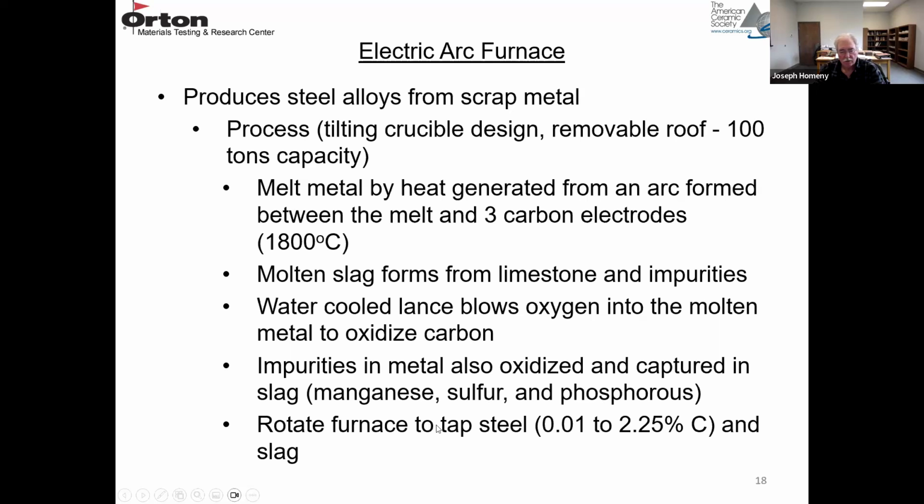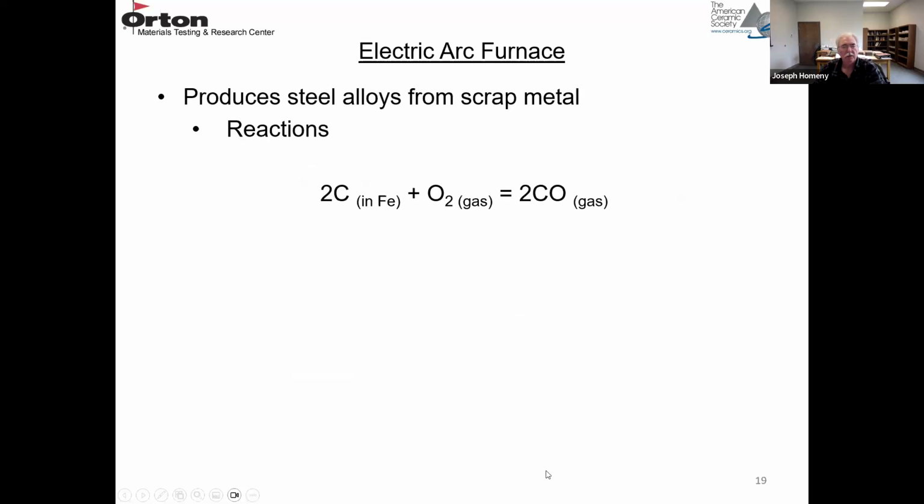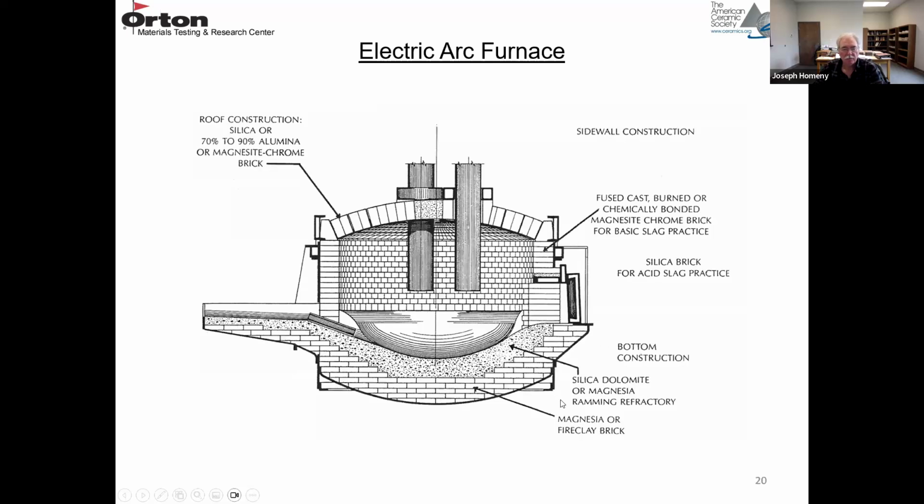And then the furnace is rotated to tap the steel, again, 0.01 to 2.25% carbon. The removable roof is to allow the charge to take place. So basically you're melting scrap metal, but if you're oxidizing carbon, it's carbon plus O2 forming CO gas, just like in a basic oxygen furnace.